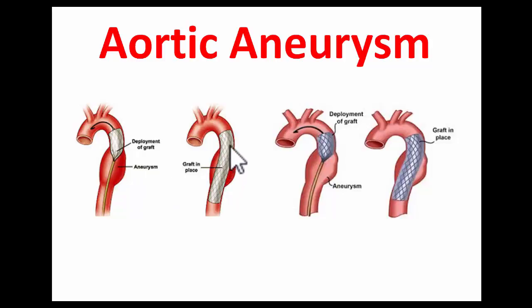Inside this catheter there is a stent with a Dacron graft, which is similar to the graft used by the surgeons, and this graft is placed in position, and the catheter is slowly withdrawn. As a result, the graft stent expands and it plasters to the wall, thus excluding the aneurysm and creating a more stable lumen at the site of the thoracic aneurysm.